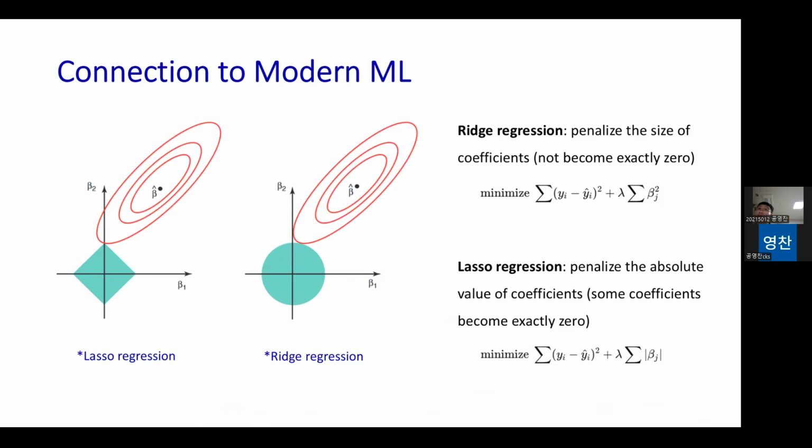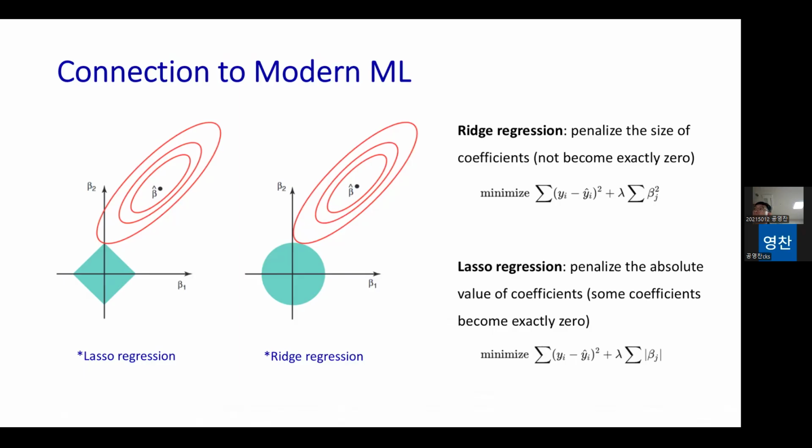In this graph, you can see how ridge and lasso differ geometrically. Ridge uses a circular constraint, as you see in the graph, which smoothly shrinks coefficients first, but it keeps all of them non-zero.